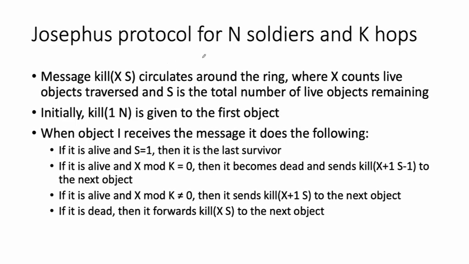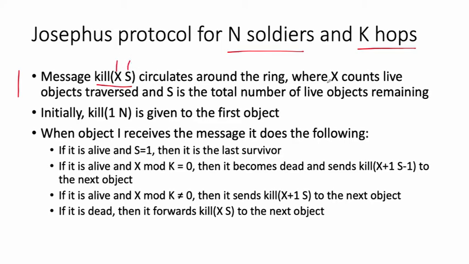We have N soldiers standing in a ring and K hops. For Josephus it was 40 soldiers and 3 hops. So we define a protocol to compute the position of the last survivor. We have a message which I call kill X S with 2 arguments.